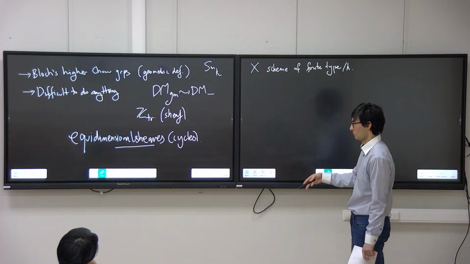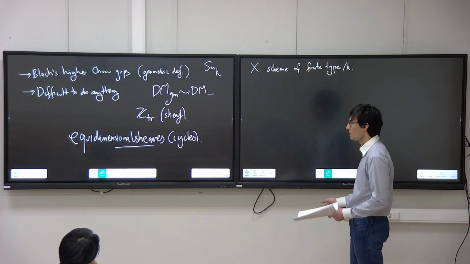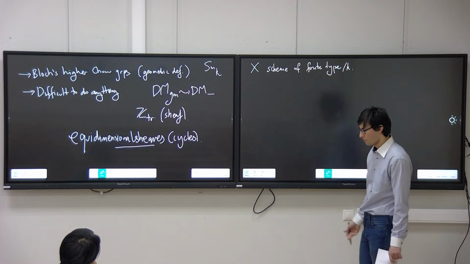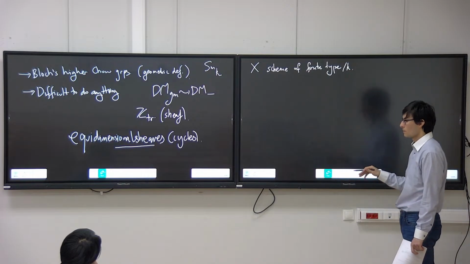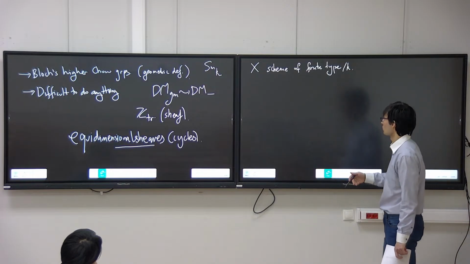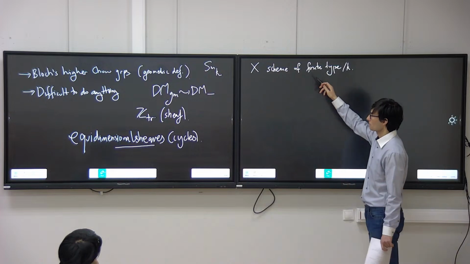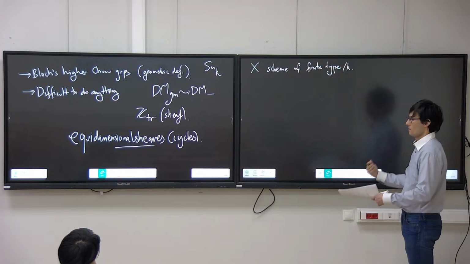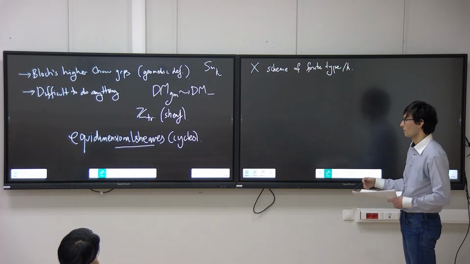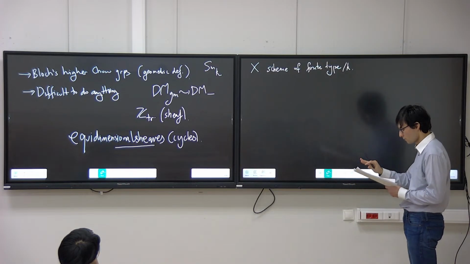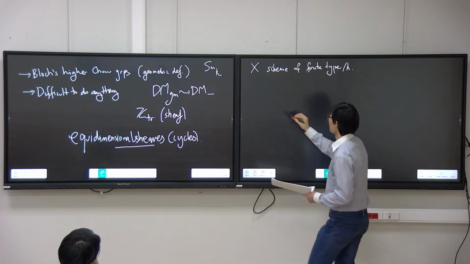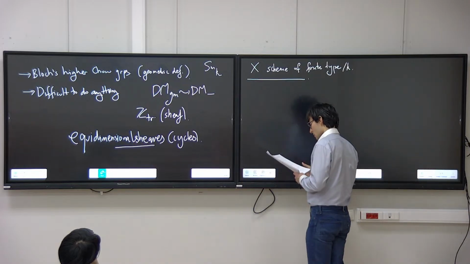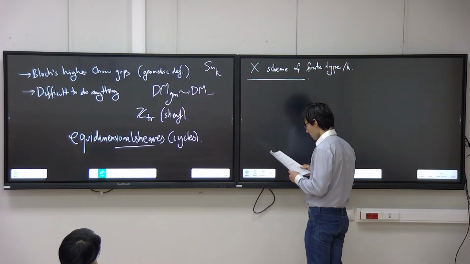It's called the CDH site, or the CDH topology, also introduced by Voevodsky. And the reason why I'm adding an extra layer of abstractness, moving away from smooth separated to finite type, is I want to force us to have a look at the CDH topology, which is useful for K theory things. But first, let's give the definition of equidimensional cycles.